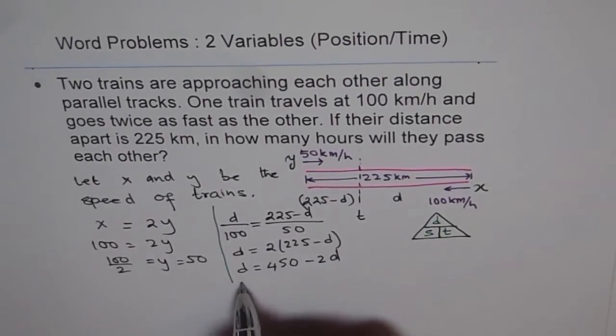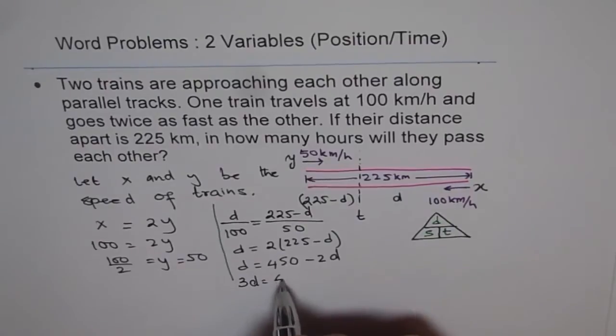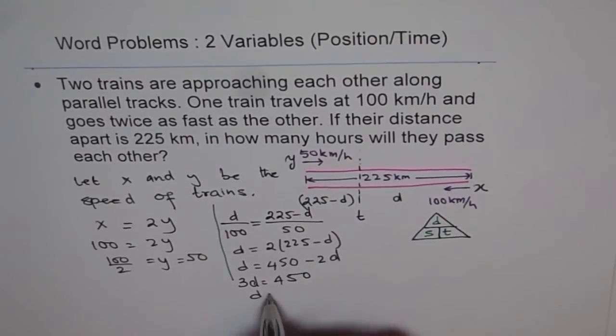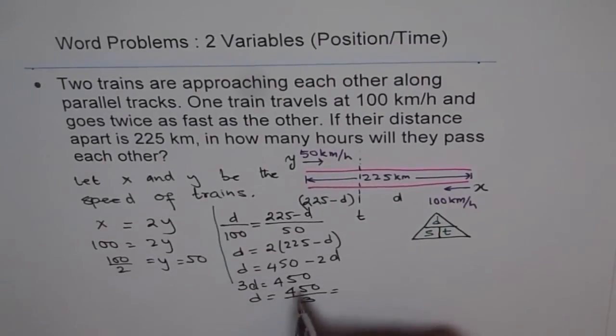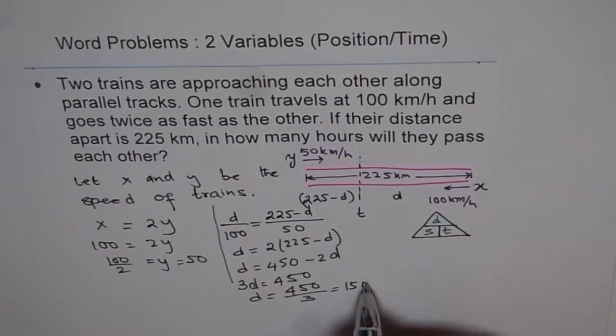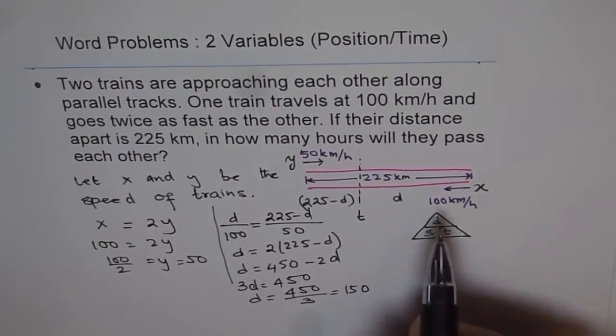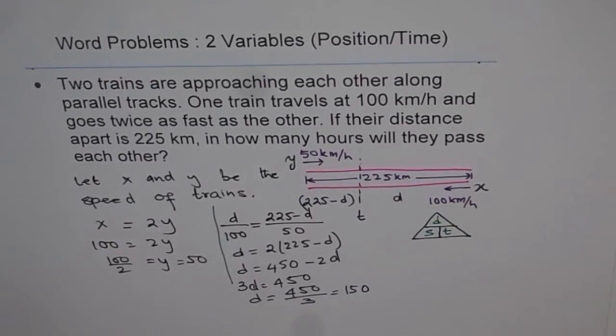So when I bring it on this side, 3d equals 450, and therefore d equals 450 divided by 3. That gives you 150 kilometers. So this train X covers 150 kilometers, correct? So we know the distance now.